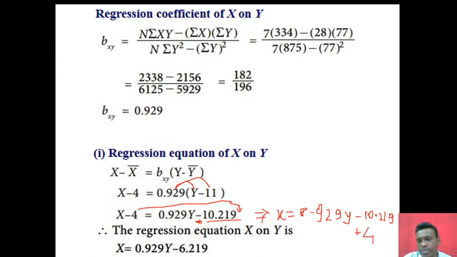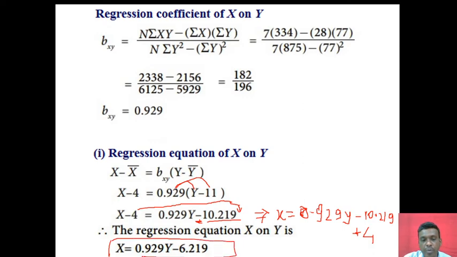This plus 4 comes from that side, minus 4 has come this side, so this becomes plus 4. Therefore the regression equation x on y is x equal to 0.929y. Simplify this, use your calculators, you will get it as minus 6.219. So this is your regression equation of x on y.